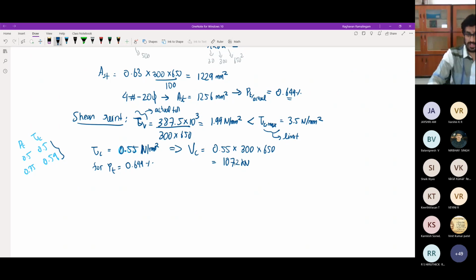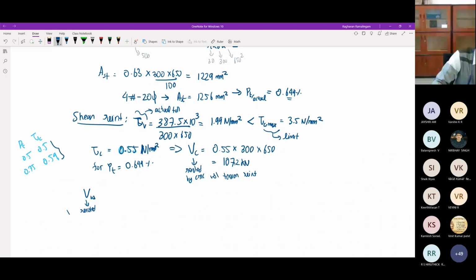Don't bother too much about decimals. So this is the actual full shear force, and this is the limit. The full shear force is lesser than the limit, so no problem. This is the shear force resisted by concrete and tension reinforcement. So what should be resisted by the shear reinforcement?